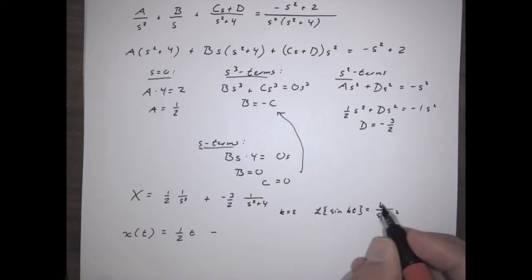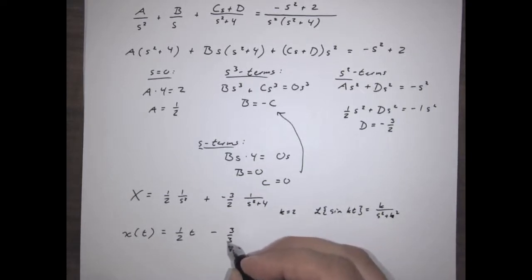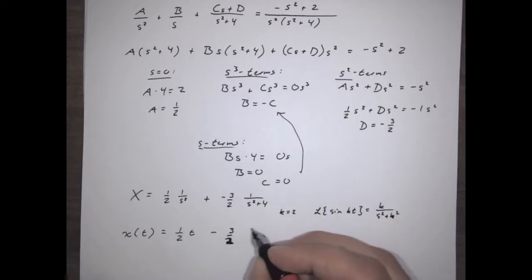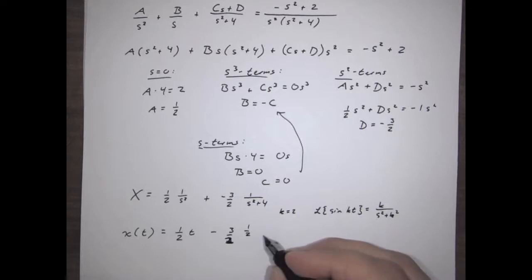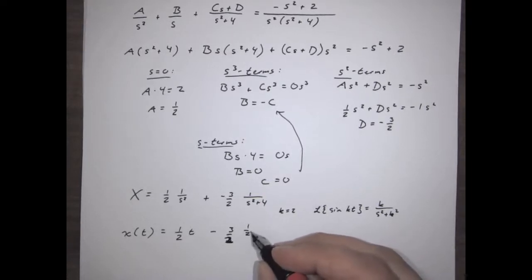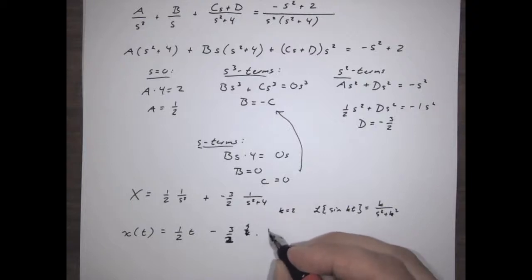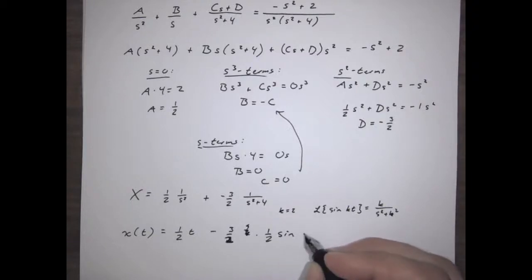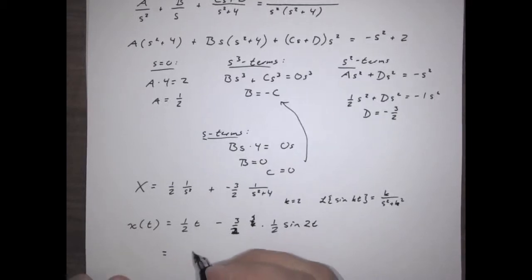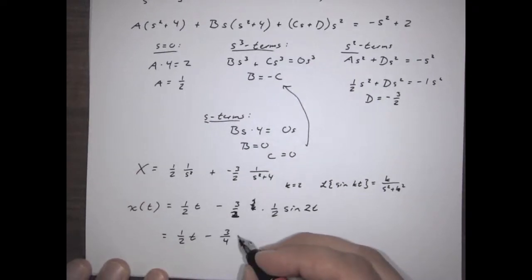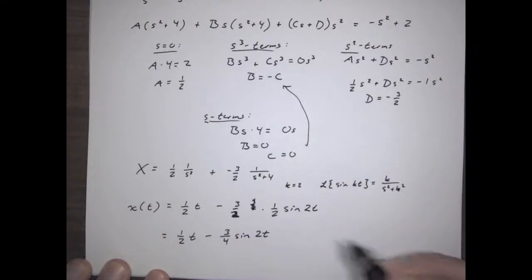So this is going to be minus 3 halves times an extra 1 half sine 2t, which is going to then be 1 half t minus 3/4 sine 2t.